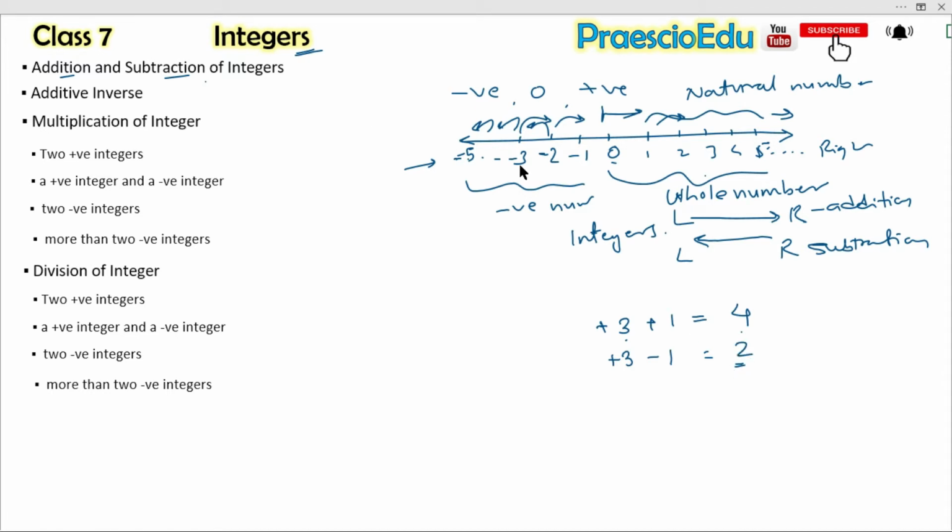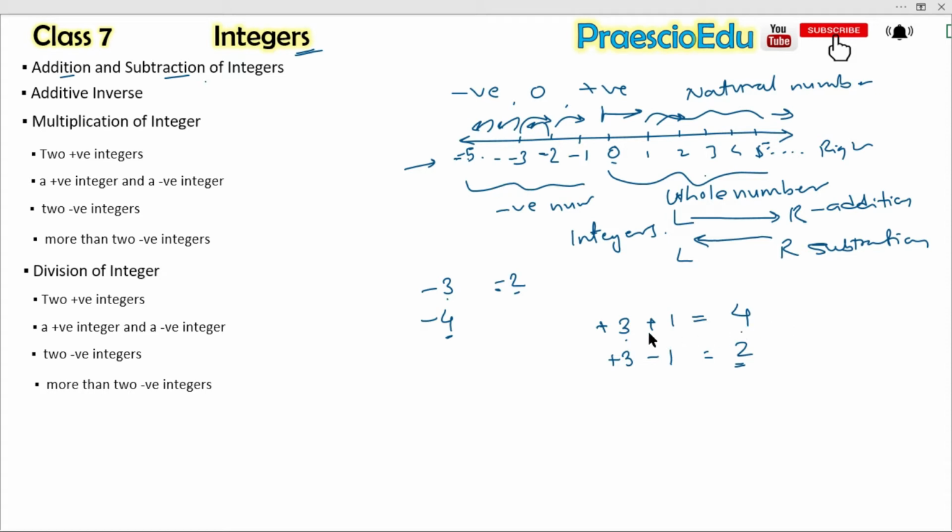Okay, so for negative numbers also, minus 3: the successor is minus 2 and the predecessor is minus 4. Don't get confused about the value of the number, because of the sign and the position on the number line, the position gets changed.